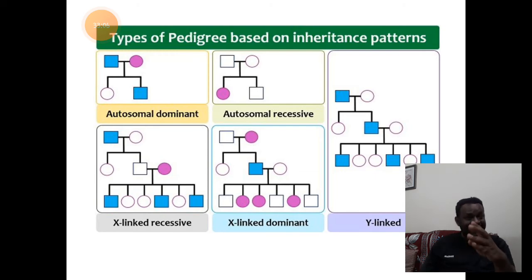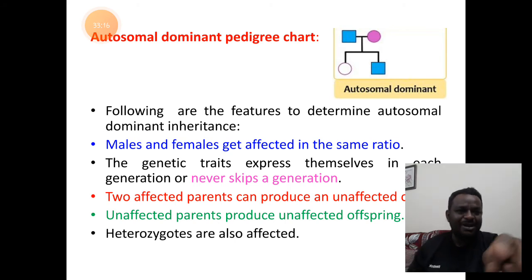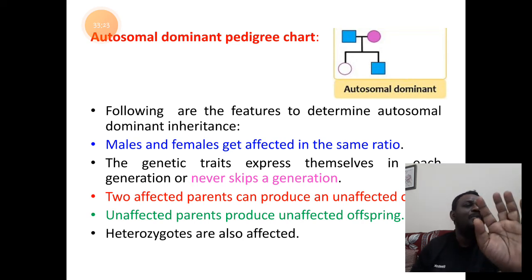These are the types of pedigree indicating the pattern of inheritance, of which X-linked recessive inheritance is important for you. So we have understood that in autosomal dominant, affected parents will generally give birth to normal individuals.